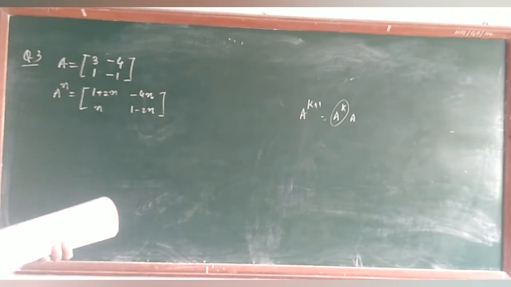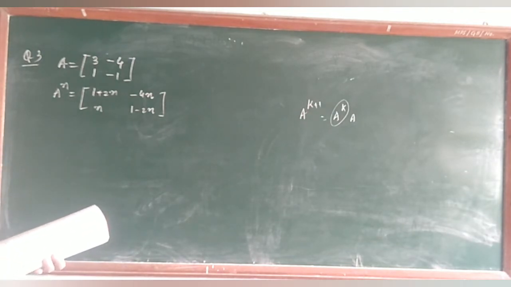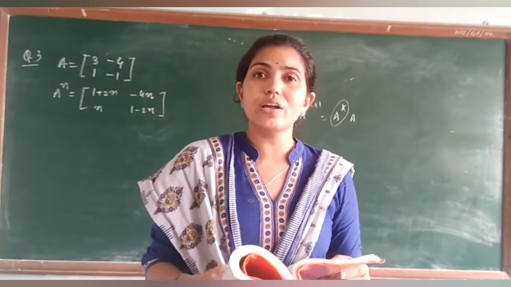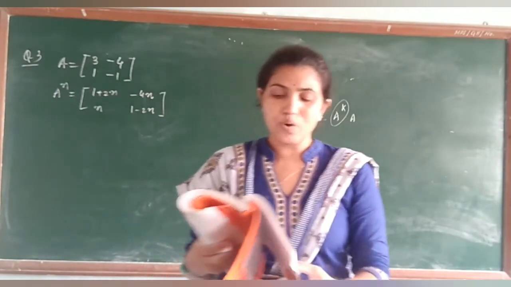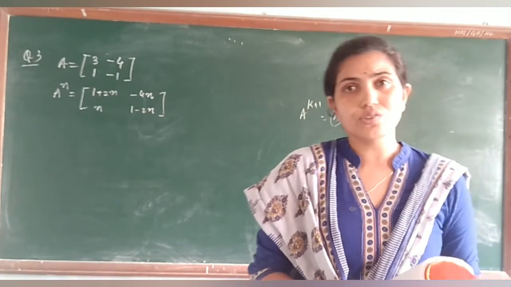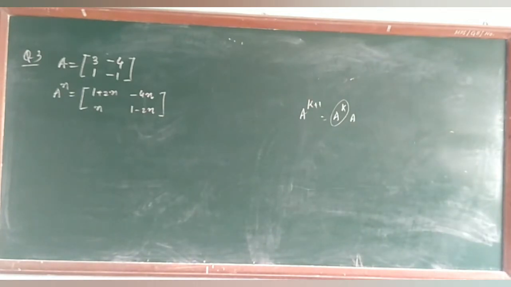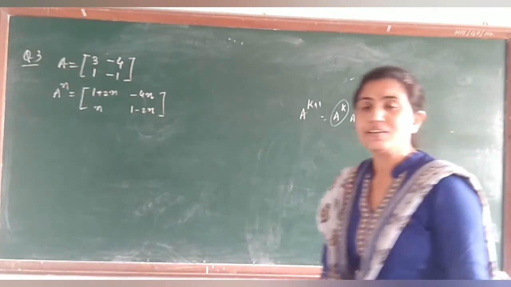So that's why let me start here. So where n is the positive integer, so question is A is this, then prove that A raised to n is equals to the matrix where n is any positive integer. So n is any positive integer, that means n is natural, and so we can apply the principle of mathematical induction.